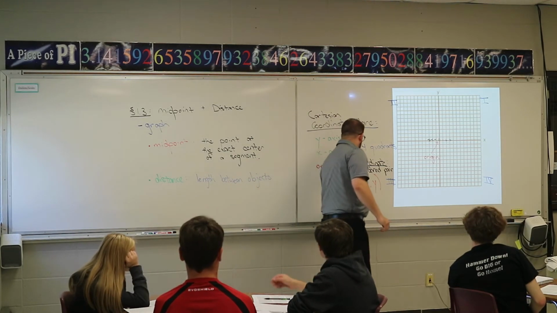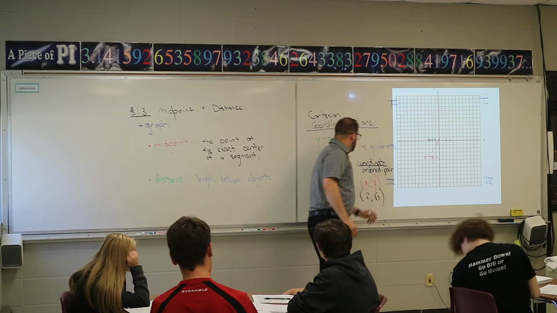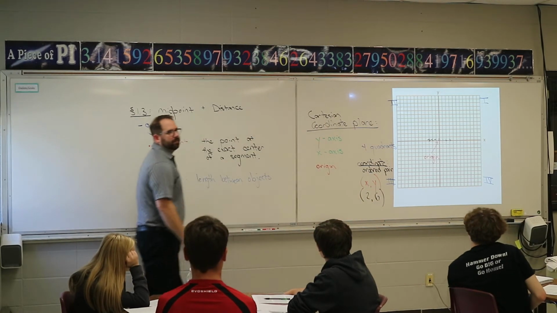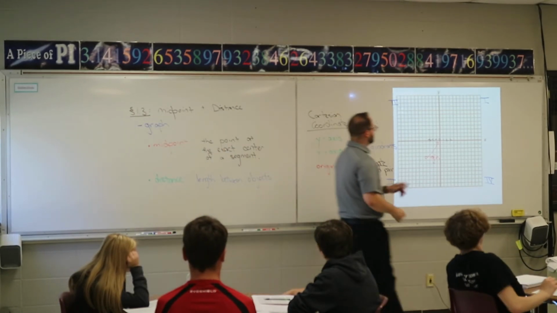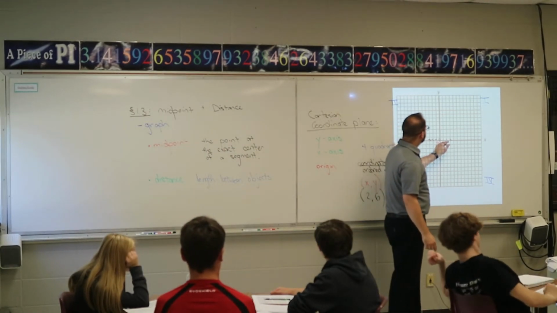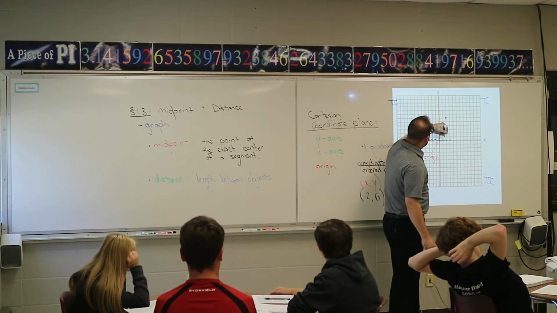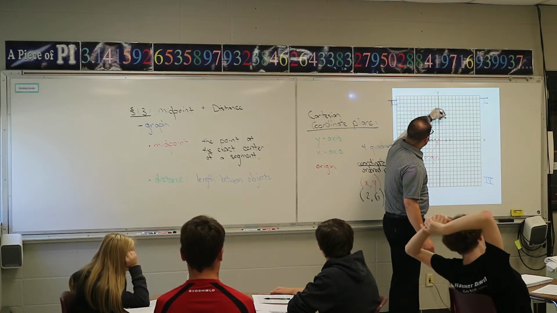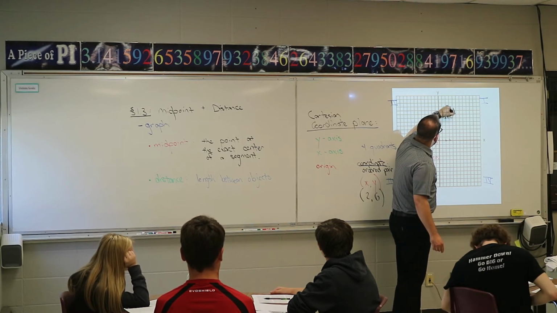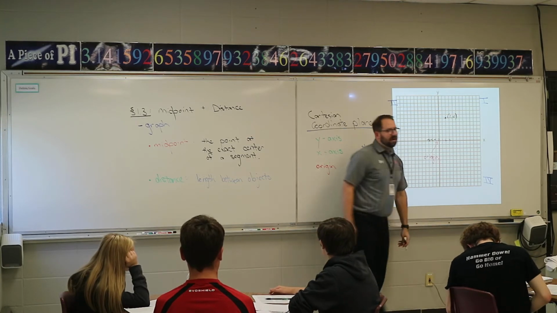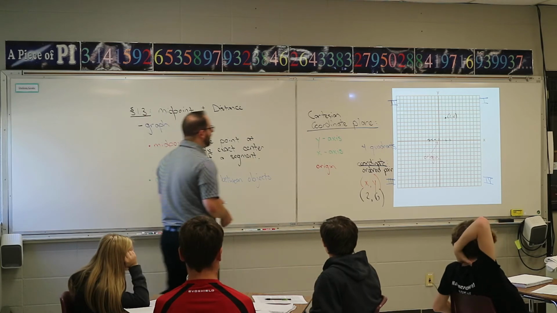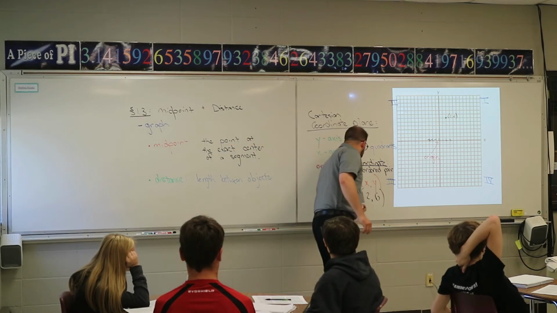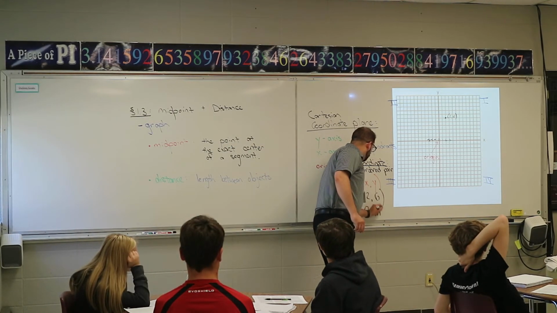So if I said I want you to go to 2, 6, what do I have to do first? Up and over. Pick the elevator, then go to the 6th floor, right? I'm picking the second elevator, and I'm going 6th floor, that's like here. 1, 2, 3, 4, 5, 6. That's 2, 6. You would not believe how many people still get that wrong. If I said I want you to go to 0, -4, where are you going?